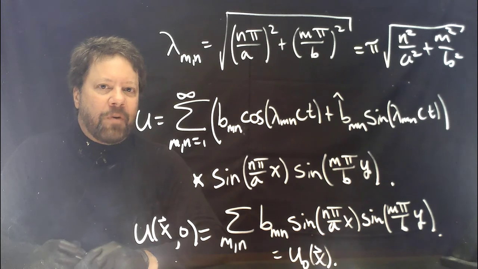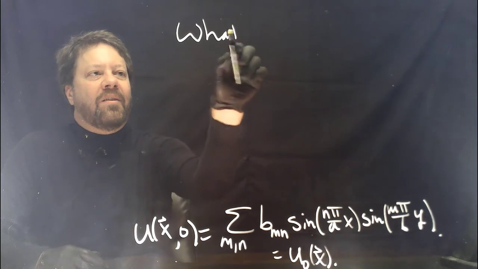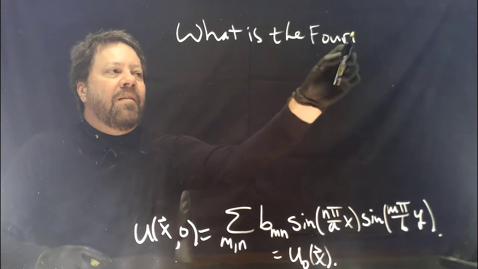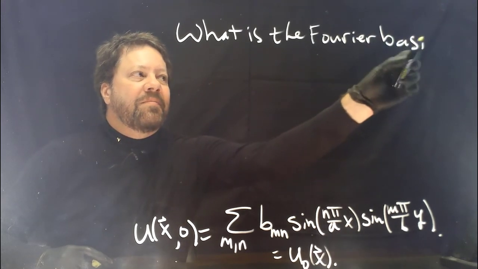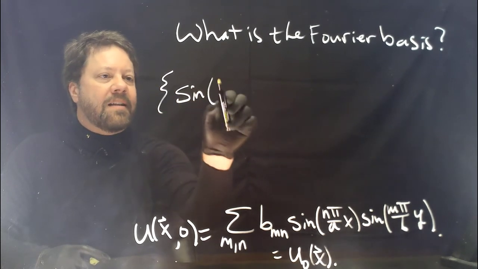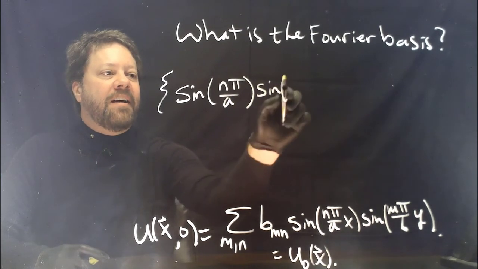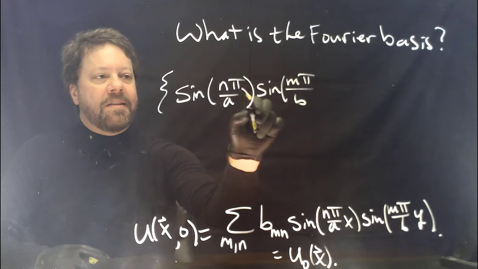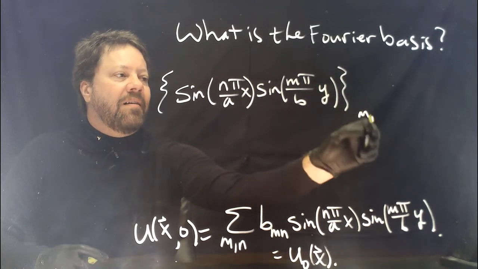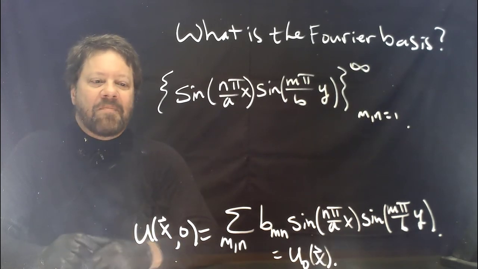What is an appropriate Fourier basis in this case? Well, turns out we can use the sine of n pi over a x times the sine of m pi over b y as our Fourier basis.